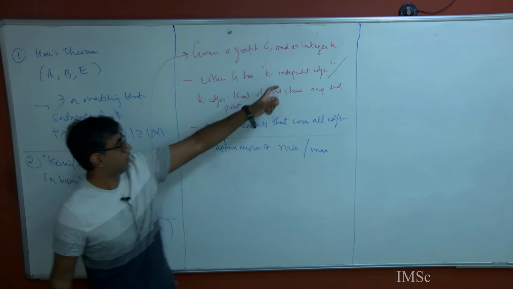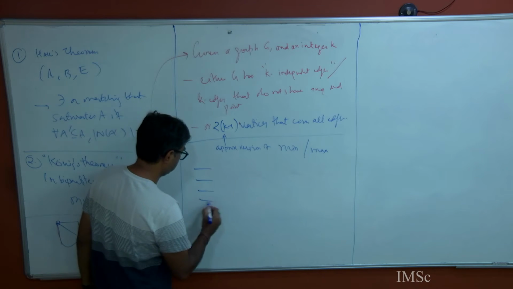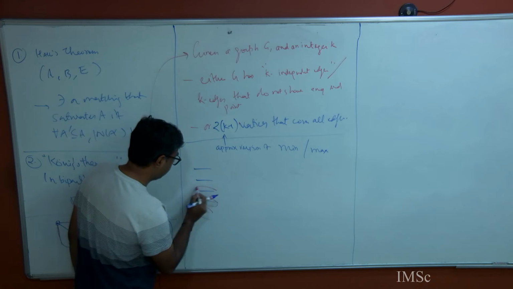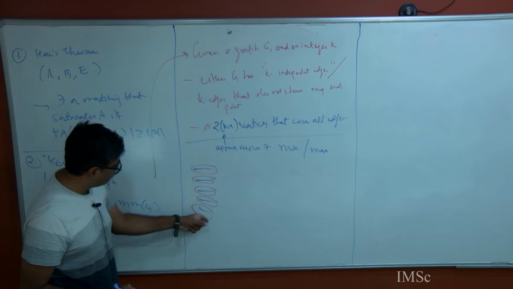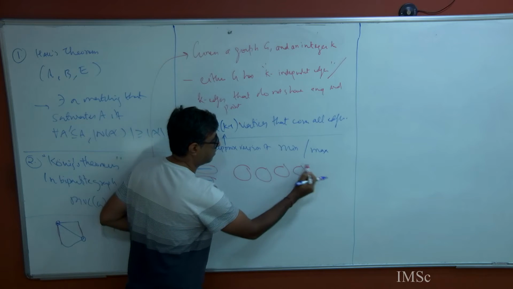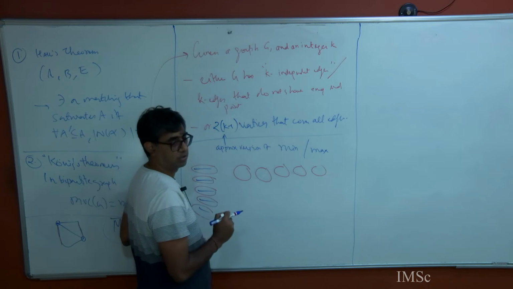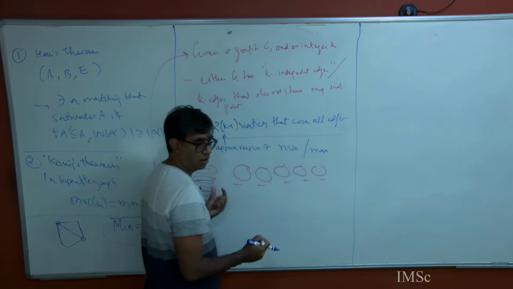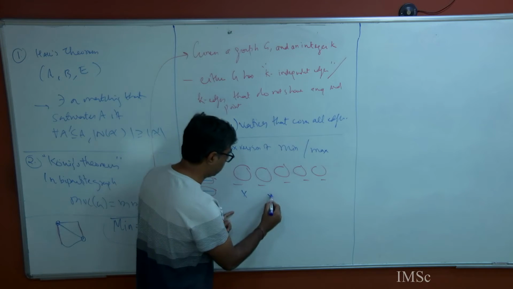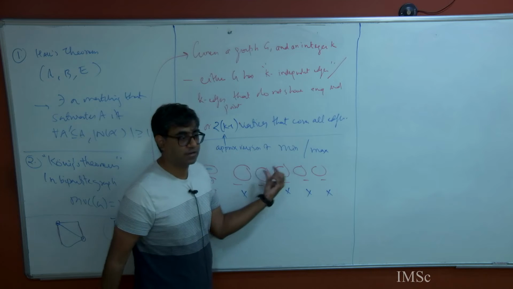So what is the min and the max? What is the maximization object? You are trying to maximize the independent set of edges, or you want to maximize the matchings. And what is the property of this matching? That they are pairwise vertex disjoint. And what is the objective? The objective is to cover these objects. Trivially, look at any covering parameter whose objective is to cover this. If I want to cover all the edges, and I found this many copies of edges which are pairwise disjoint, then any covering has to pick at least one vertex from here, at least one vertex from here, at least one vertex from here, because these are vertex disjoint copies.